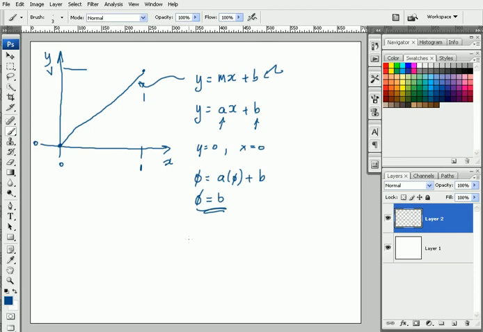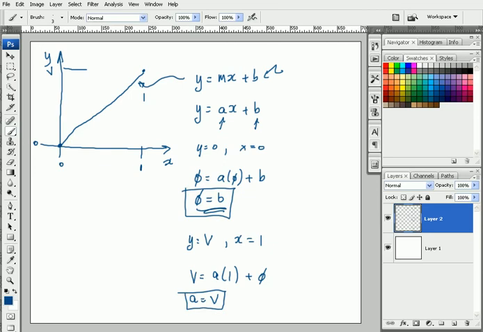We know that the output, y, is going to be equal to our value v when we have x is equal to 1. Subbing that into our equation up here, we get v is equal to a times 1 plus 0. We've seen that b is equal to 0. Therefore, a must be equal to v. Well, there we go. We have our two values, a and b. Therefore, our general equation for this line must be y is equal to v times x, and that's it.